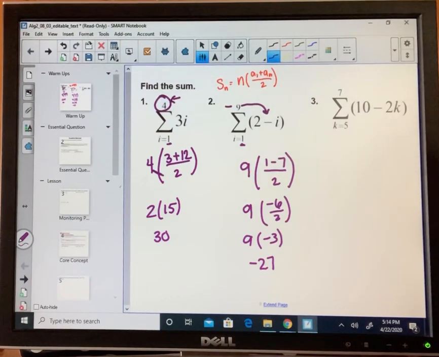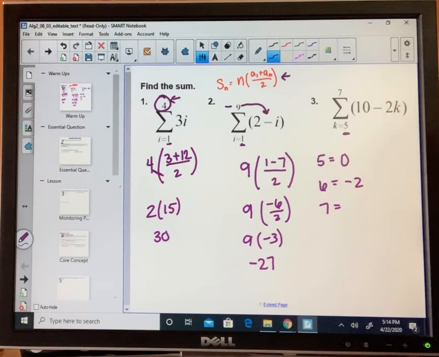Now this one isn't starting at 1, so it's a little different. I'm not going to use this rule, but I am going to say, okay, well, what is a of 5? If I plug in 5, I get 10 minus 10, which is 0. What's 6? Well, 2 times 6 is 12, so 10 minus 12 is negative 2.